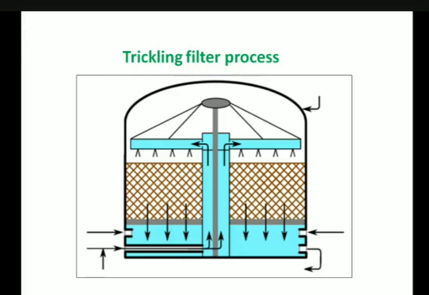Microorganisms present in the sewage grow on the surface of the filtering media, using the organic material of the sewage as food, and the waste settles at the bottom, where it can be easily removed.